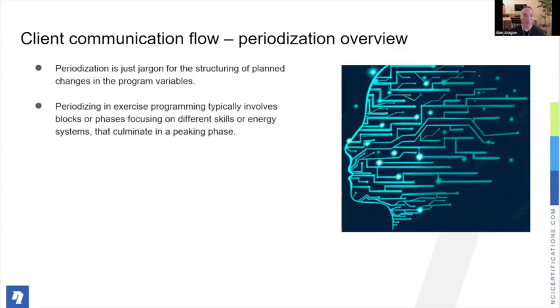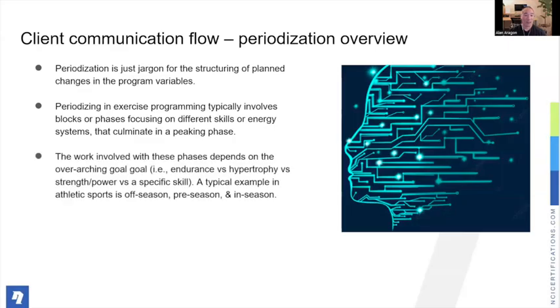So periodizing in exercise programming, which you may be familiar with, typically involves blocks or phases focusing on different skills or energy systems. And they culminate in a peaking phase with competitive athletic sports. So the work involved with these phases depends on the overarching goal.